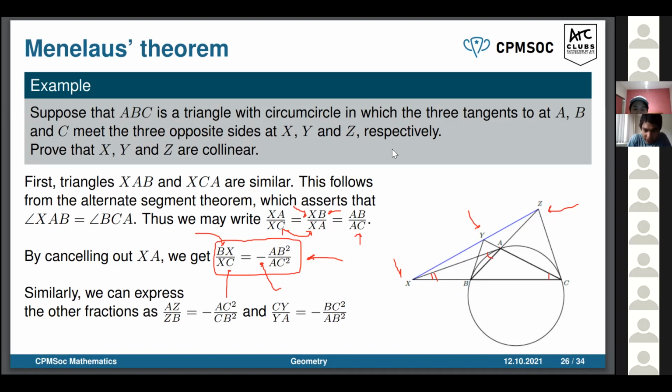In fact, we can use a similar argument. We've done BX over XC, but we can again use the similar triangles and the ratios to get AZ over ZB equals negative AC squared over CB squared, and CY over YA is equal to negative BC squared over AB squared.